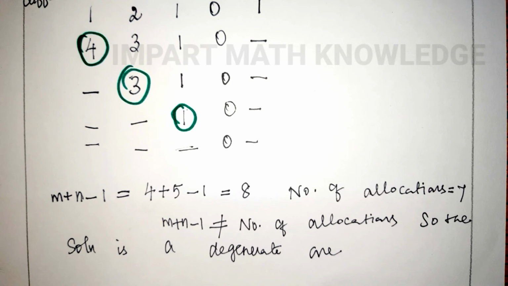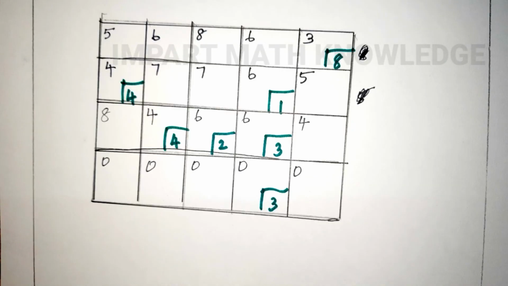To overcome this degeneracy, you have to introduce epsilon in any one of the unoccupied cells, preferably the minimum cost cell. We want to make m plus n minus 1 equal to the number of allocations. This is the minimum cost cell, so you can allocate here.